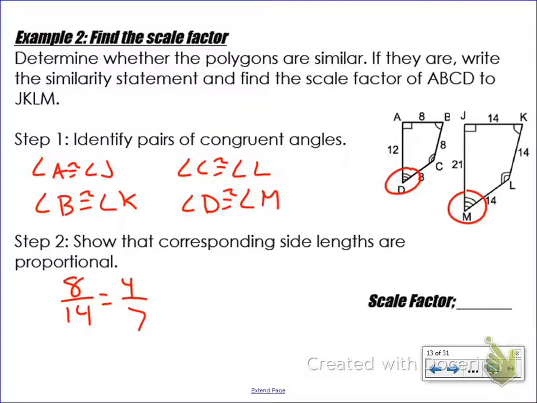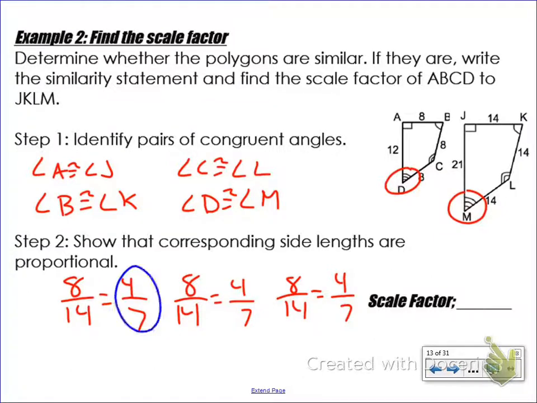BC to KL is going to be also 8 over 14, which is going to reduce to 4 over 7. CD to LM is also going to be 8 over 14, which reduces to 4 over 7. So far, I've got 3 ratios that are all exactly the same.